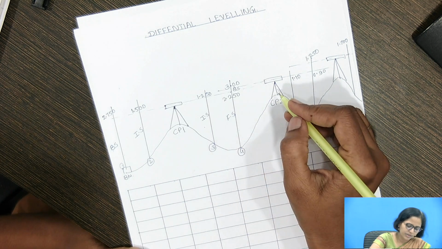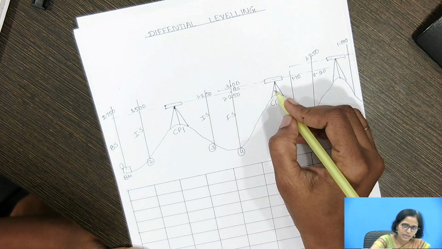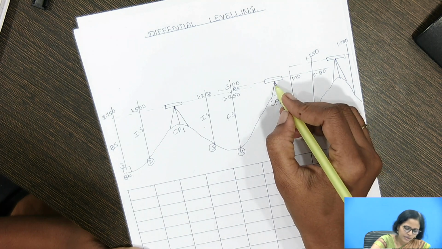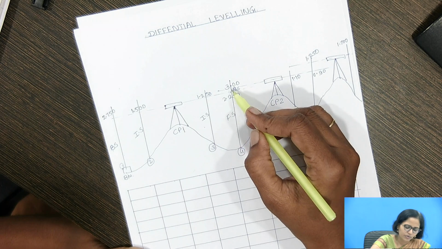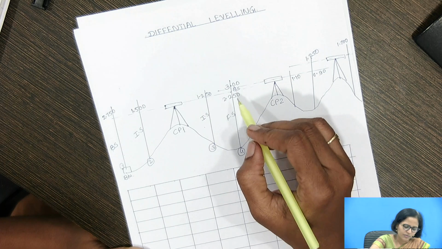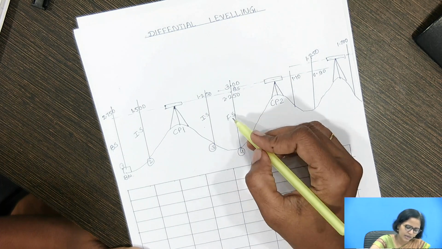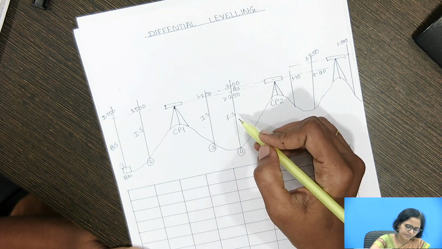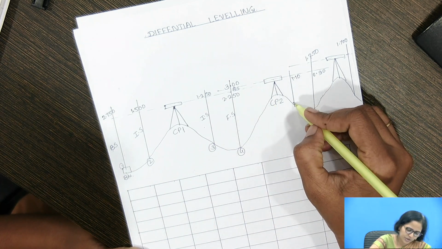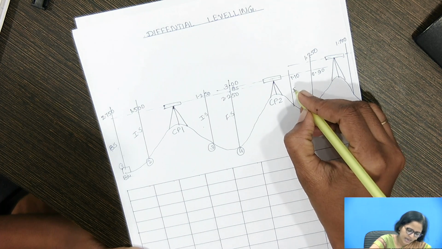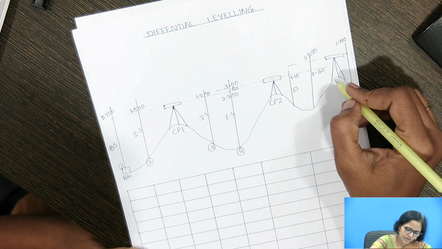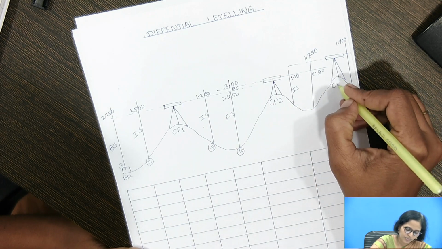So always, whenever the start of the work is done, when the instrument is at this position, it will be the first staff reading. That reading will always be entered in the BS reading. So the first reading will be entered in the BS column and the last reading will be entered in the FS column. Next, I bisect the staff which is kept at this position. Let us say this is the IS, and after that I feel the instrument will be changed from CP2 to CP3.